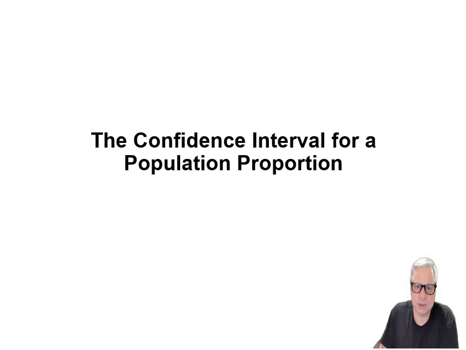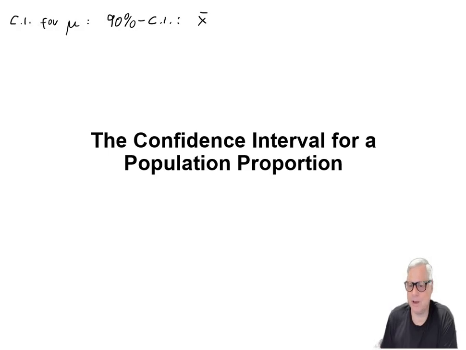The confidence interval for the population mean, which I write as mu. For example, the 90% confidence interval we have written as our sample mean, which was a continuous variable, plus minus the t-score, where we have 5% in each tail.